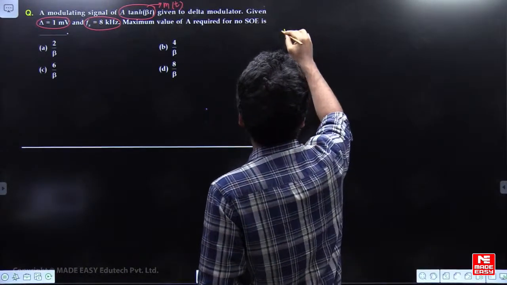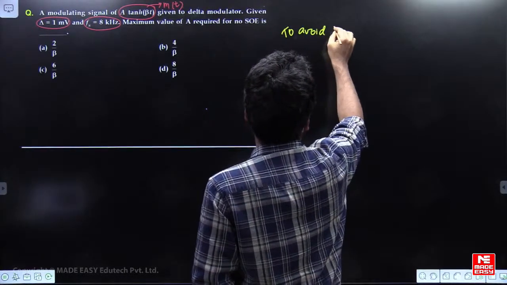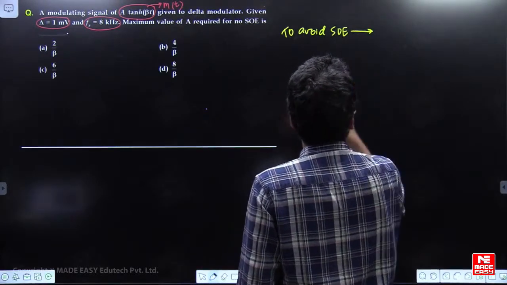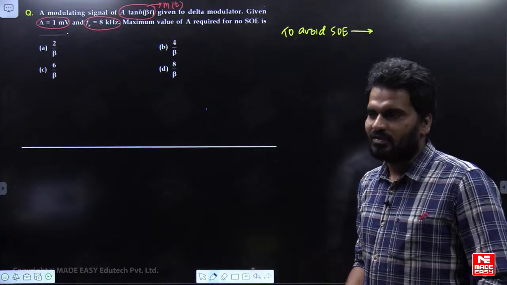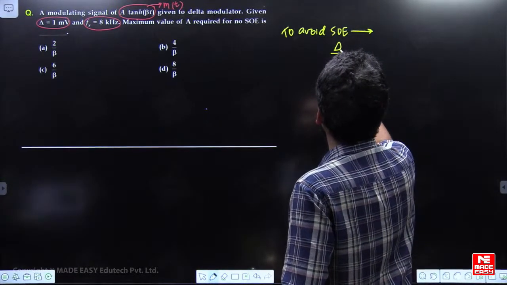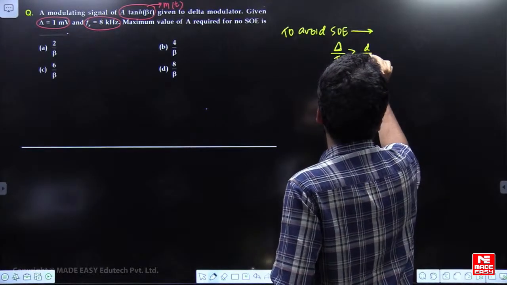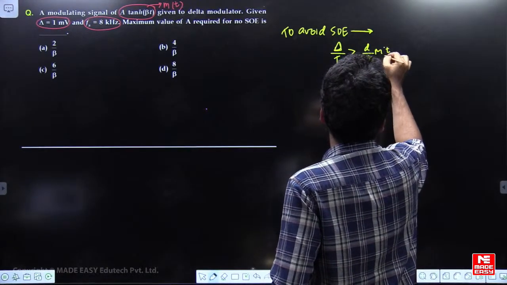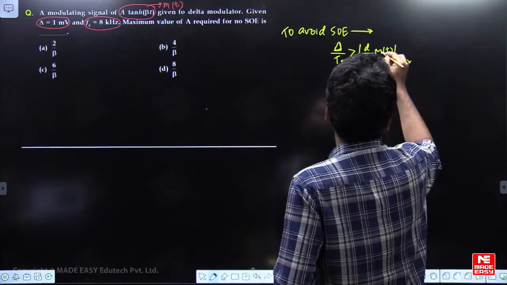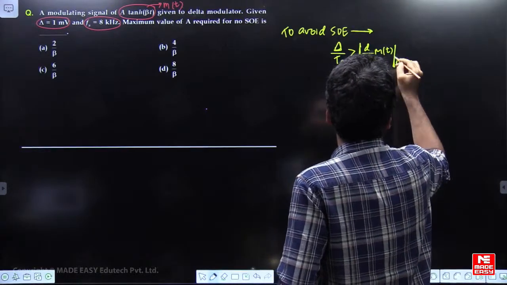Let me write, to avoid SOE, you have to use the general formula in terms of m of t. To avoid SOE, the slope of the reconstructed signal should be higher than the maximum possible slope of the original message signal.